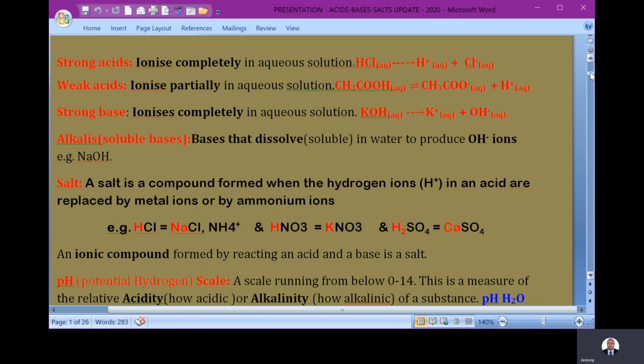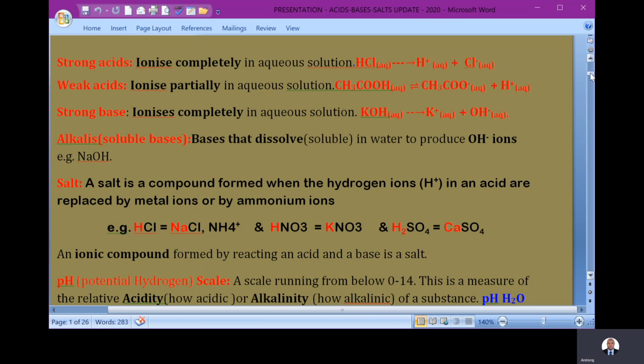For example, HCl has one hydrogen, nitric acid has one hydrogen, sulfuric acid has two hydrogen, and many others. So an acid is a hydrogen-containing compound, and it expresses its strength based on the hydrogen ion concentration that it releases into the solution when it ionizes.